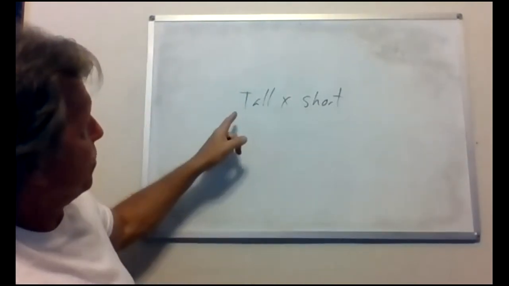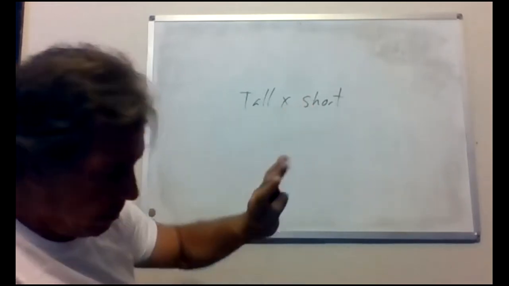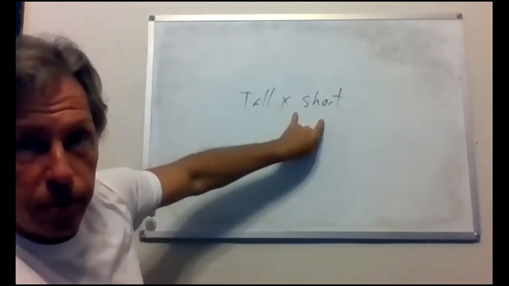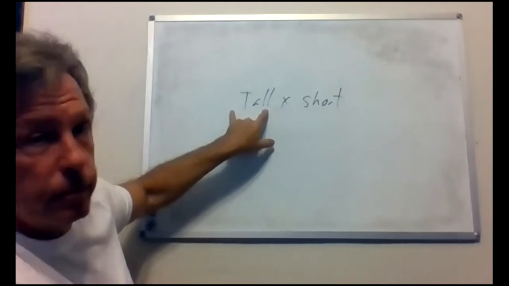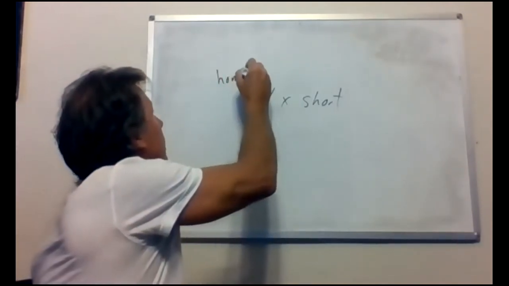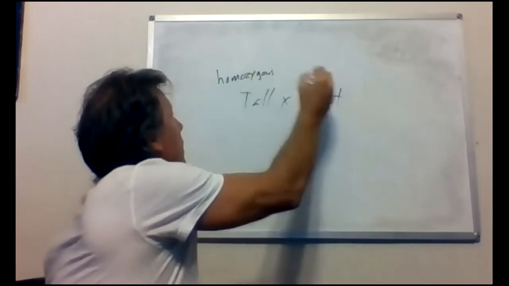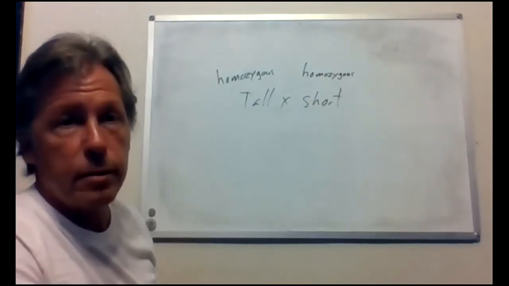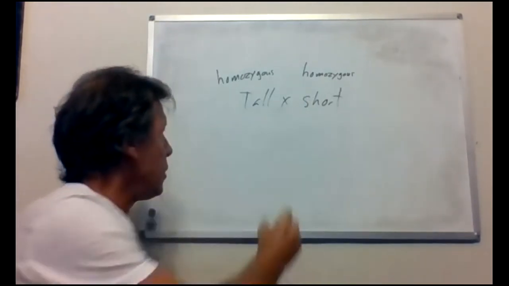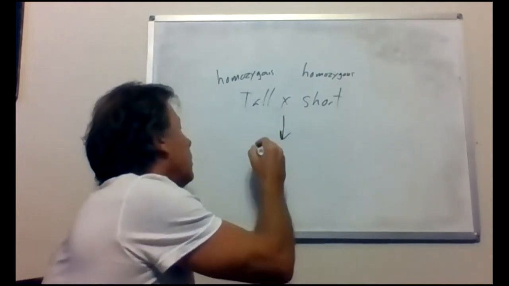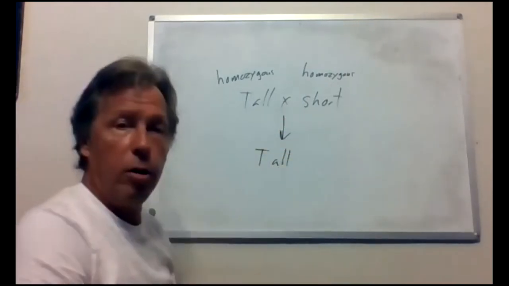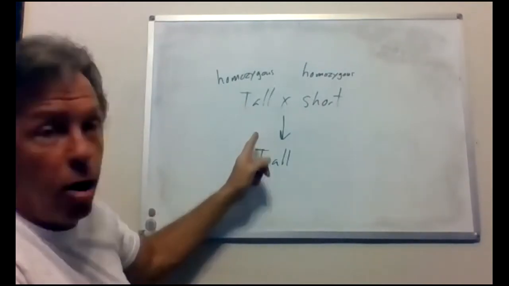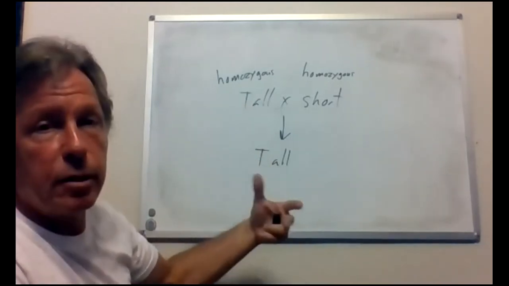Depending on the genotype, say I have a homozygous tall and a homozygous short, and I cross them with each other, what do I get? I get tall all the time. What that tells me is that the tall trait is the dominant trait.